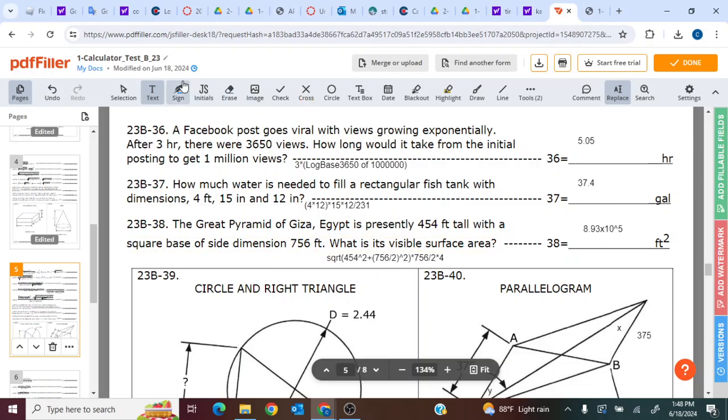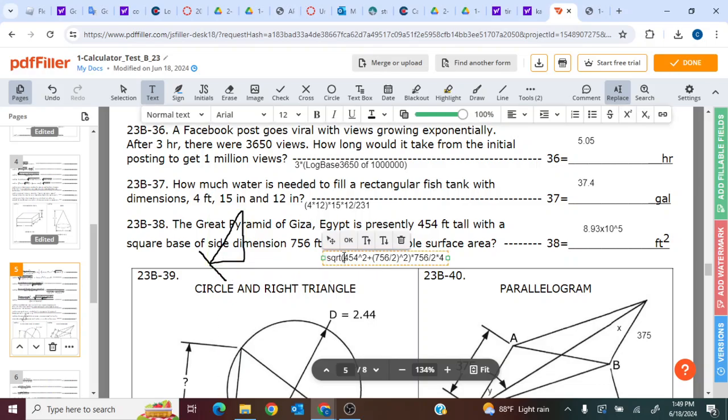Well, the height, you have to imagine that each triangle is basically, imagine this extends vertically. It's based on this height, that's the hypotenuse of two sides, and the base, which is 756. So you have to figure out the hypotenuse value.